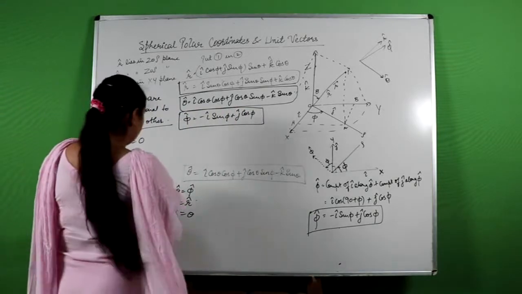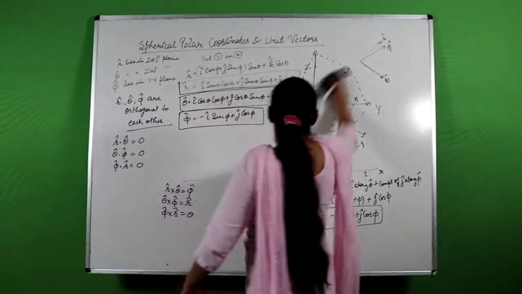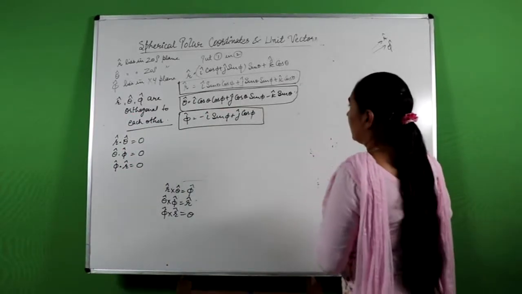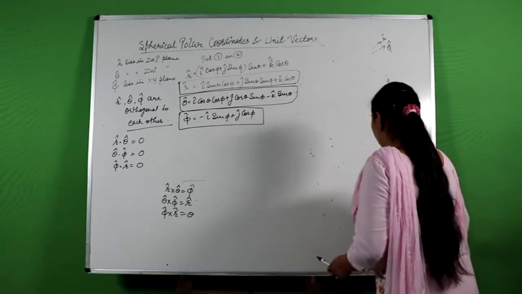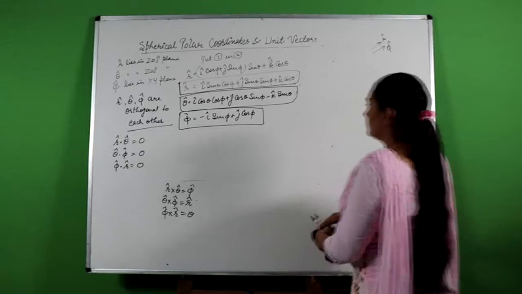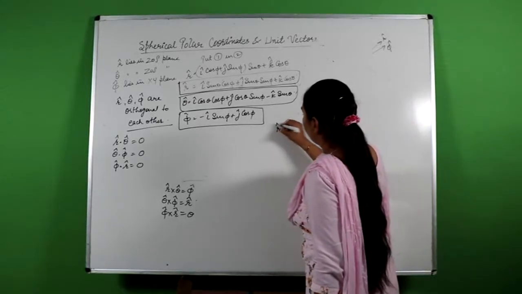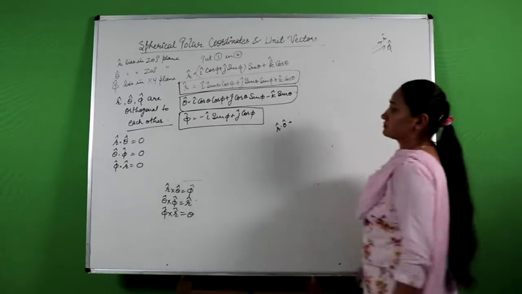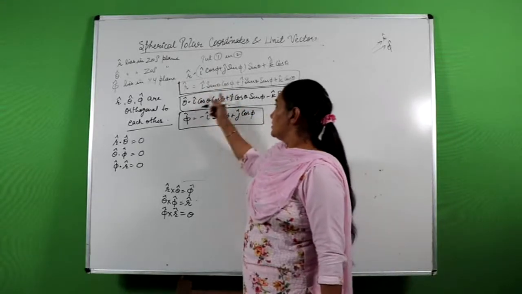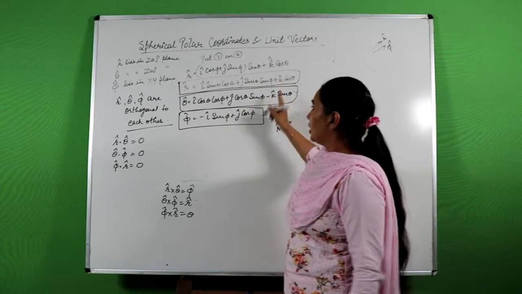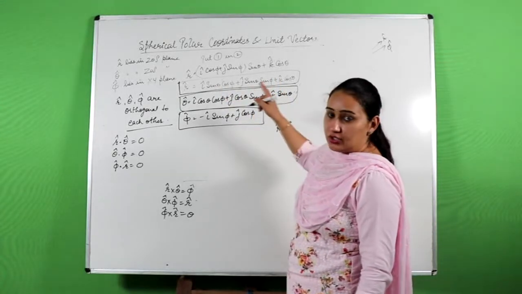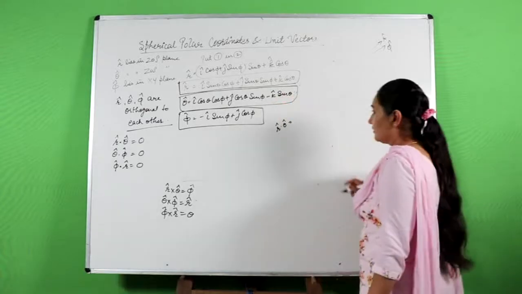So I will prove these results. First of all, I will find the value of r dot theta. I will take the dot product for r and theta. Since I know that i dot i is 1, j dot j is 1, k dot k is 1, but if I multiply i dot j, j dot k, that is 0.